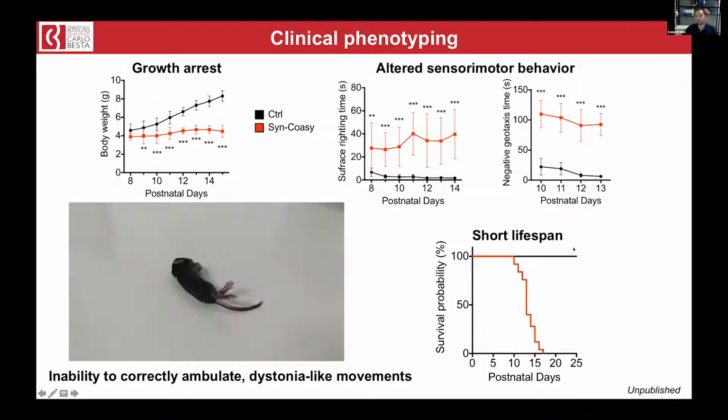But on the other side, this is also bad news because it is very difficult to work with a mouse model with such a severe phenotype, and especially with such a short lifespan, especially when we are talking about neurodegeneration.